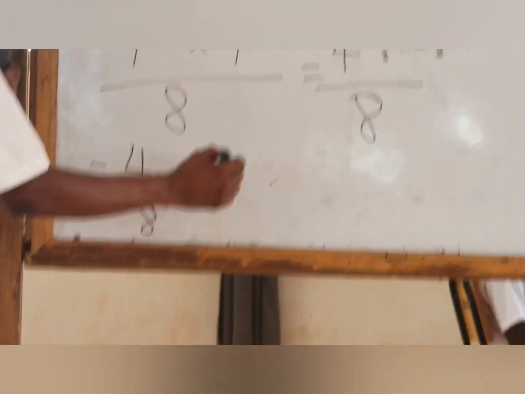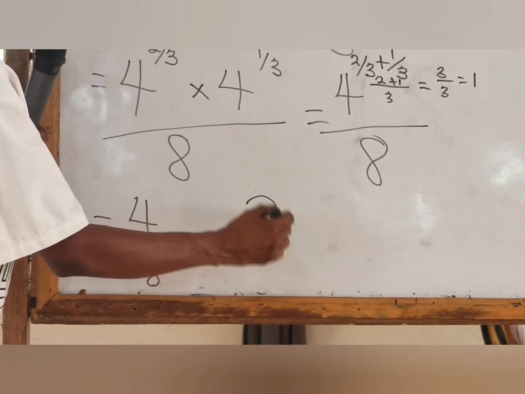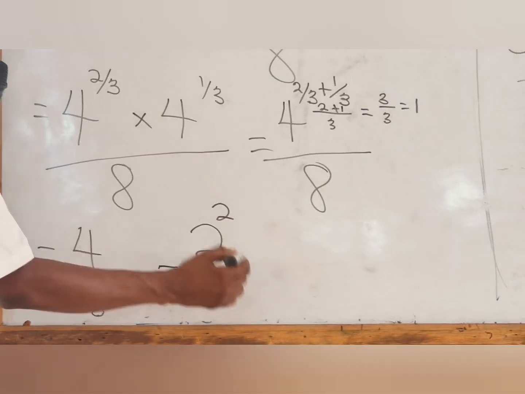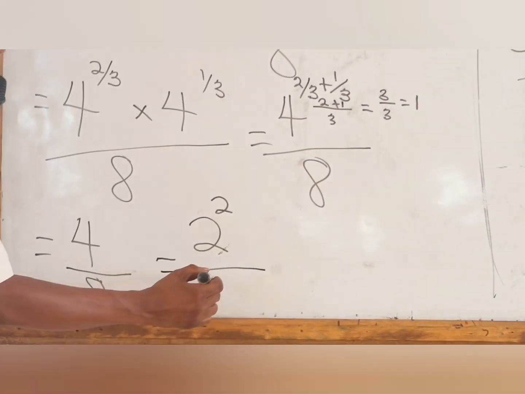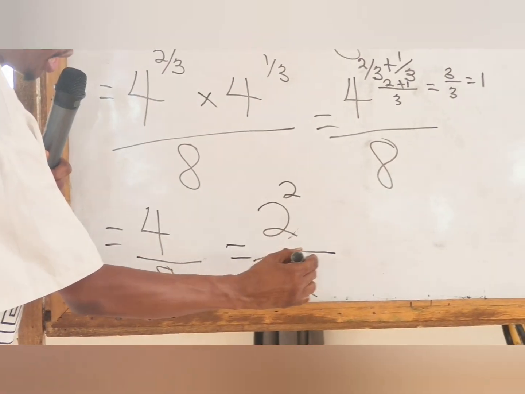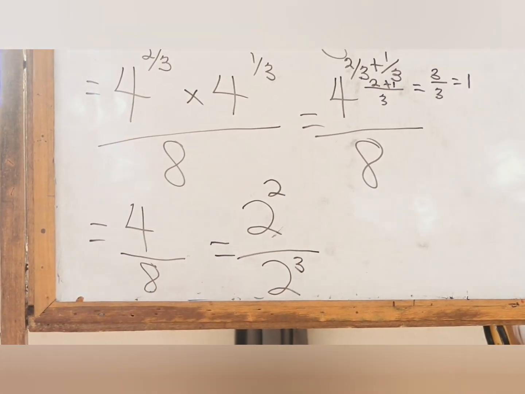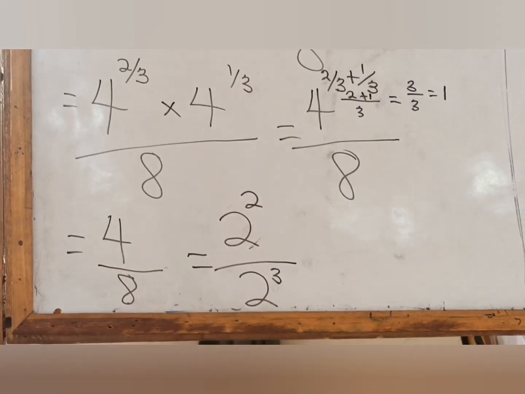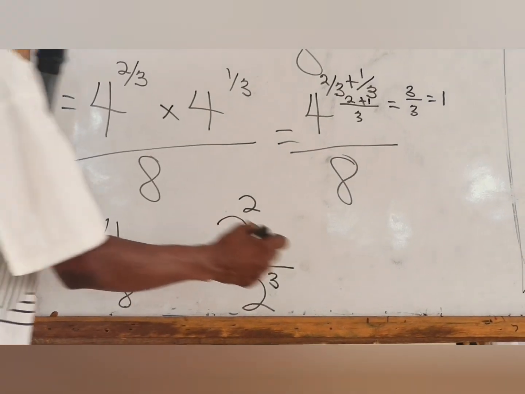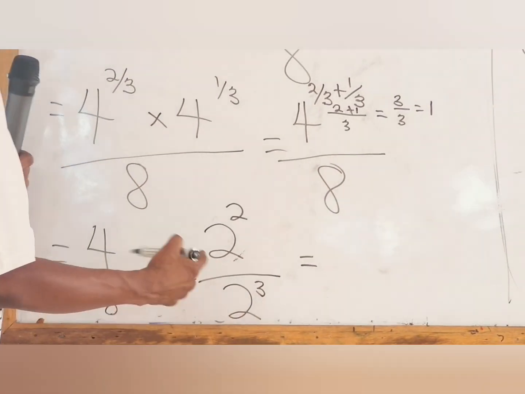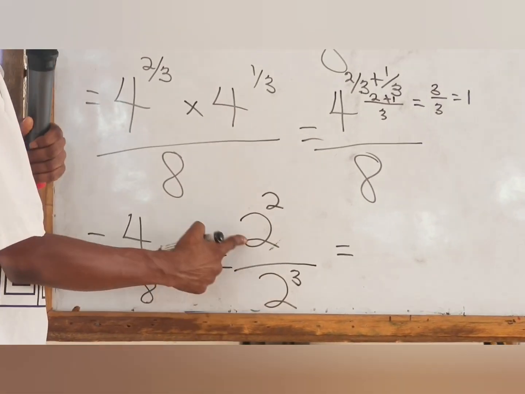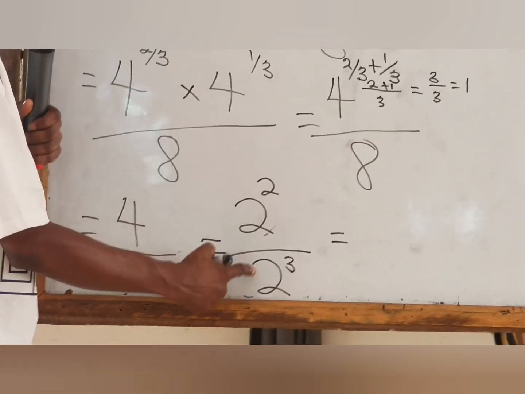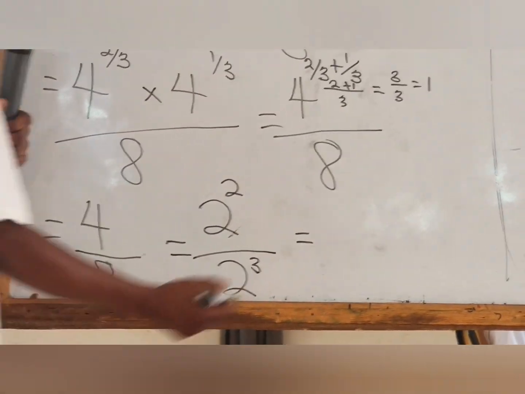4 is the same as what? 2 to the power 2. 8 is the same as what? 2 to the power 3. Are you watching? Yes. So, second law: when you are dividing and the bases are the same, what do you do to the powers? You subtract.